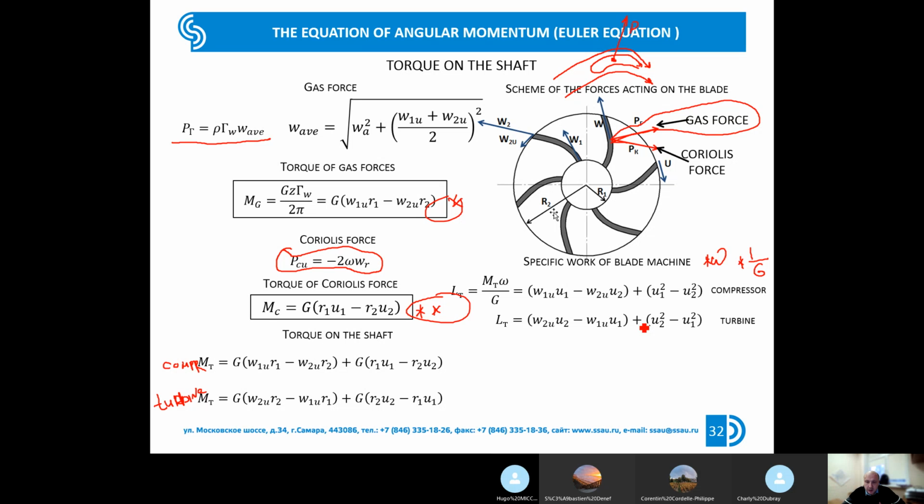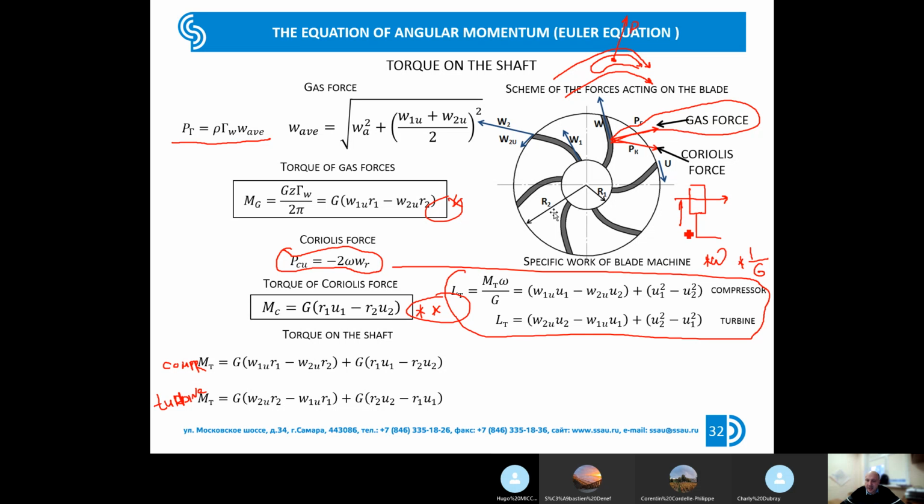These two equations are common equations. They can be applied to any compressor and any turbine. But you know that very often we use an axial compressor and an axial turbine, and the special feature of this kind of turbomachinery is that the direction of the flow is approximately parallel to the axis of rotation.